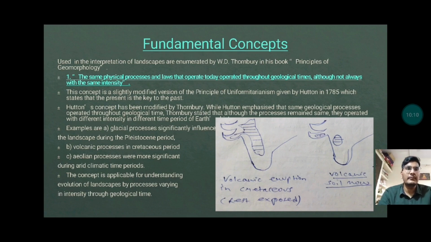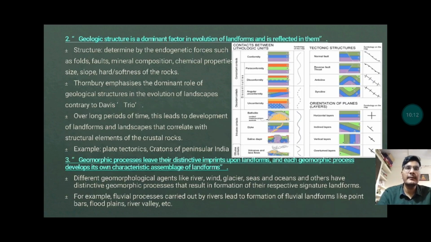Now let's move to the second principle. The second principle states that geologic structure is a dominant factor in the evolution of landforms and is reflected in them. This concept was given by Thornbury in contrast to the concept given by W.M. Davis.